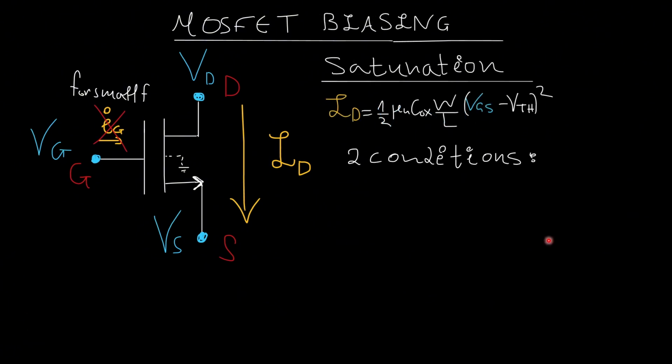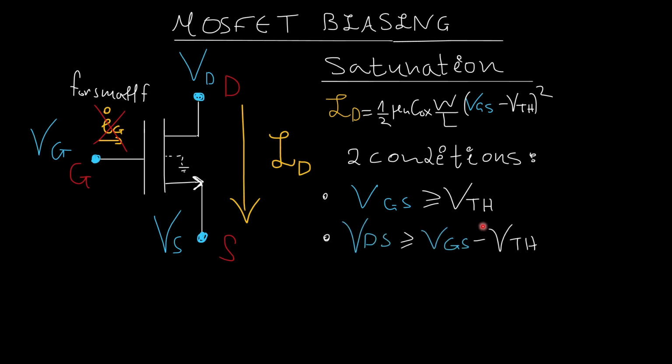Now, in order to be in the saturation region, two conditions must be satisfied. VGS must be higher than VTH, and VDS must be higher than VGS minus VTH. That means that if the drain voltage was higher than the gate voltage, we would be in saturation, no questions asked.